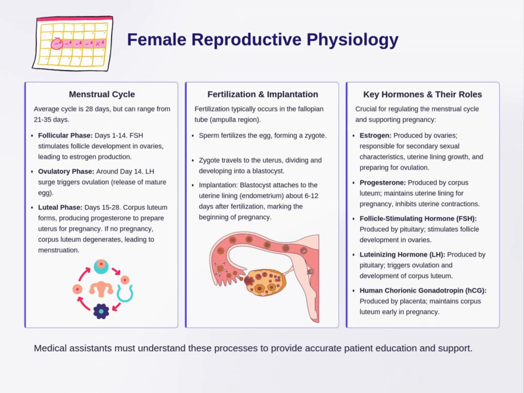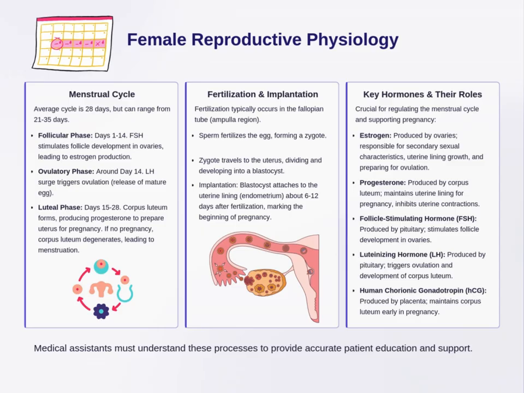All right, so let's talk about some of the physiology related to the female reproductive system. So the primary purpose is reproduction. So there are menstrual cycles. The menstrual cycle and what we call the ovarian cycle tend to happen at the same time, simultaneously.